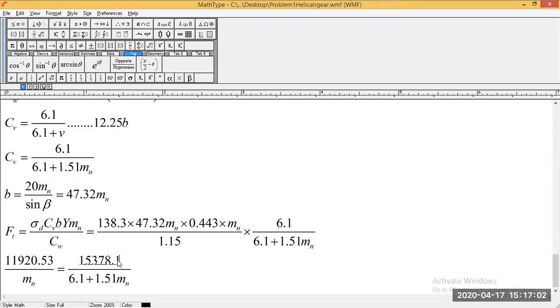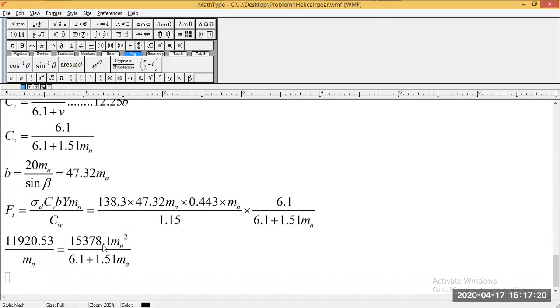It is also mn here, so we can put this as a square value over here.